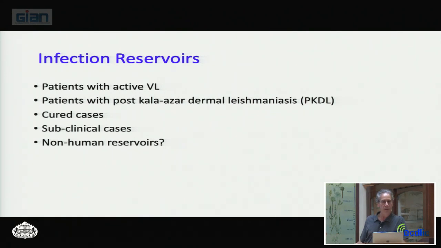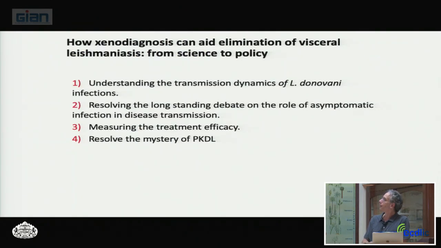There are still those who think that there are non-human reservoirs who contribute to the maintenance of the transmission cycle, particularly between these epidemic periods of when the disease is cycling down and then back up. Still, there's no evidence at all yet for non-human reservoirs. So how can xenodiagnosis aid elimination of VL?